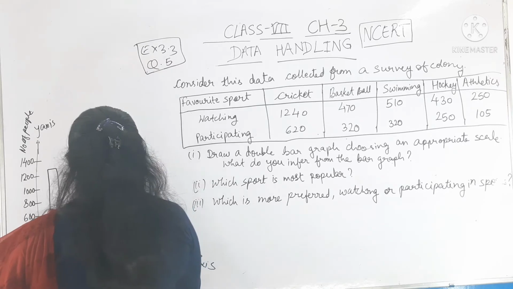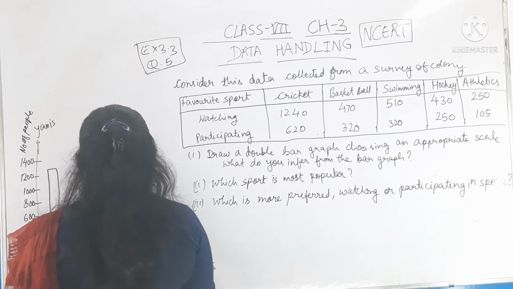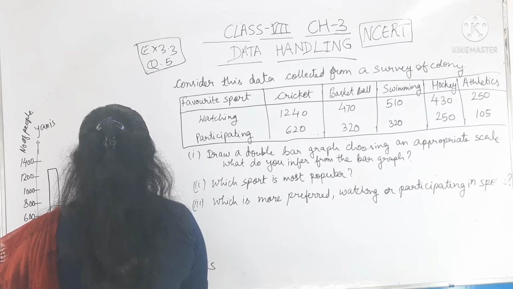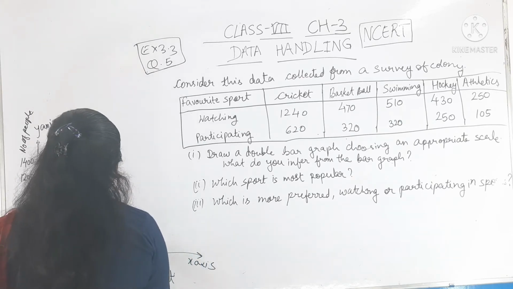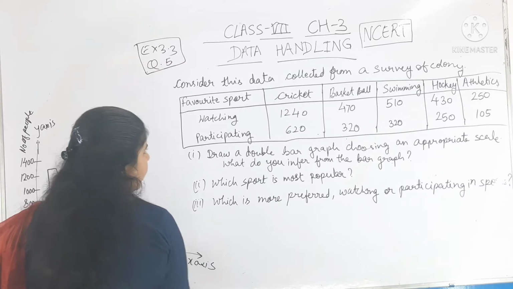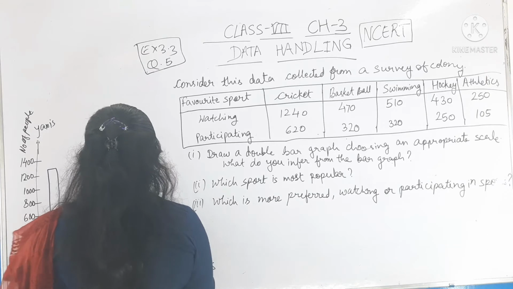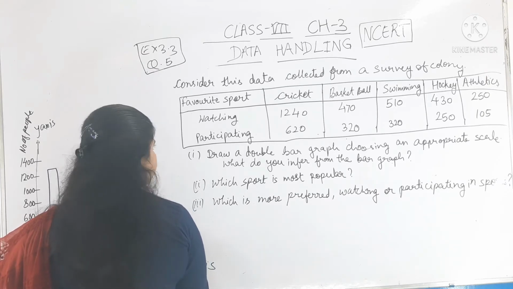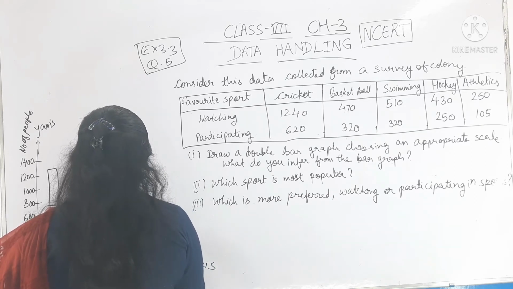Then 250, above 200. Here's hockey. Athletics, it is 250, and 105. 105 is somewhere here.